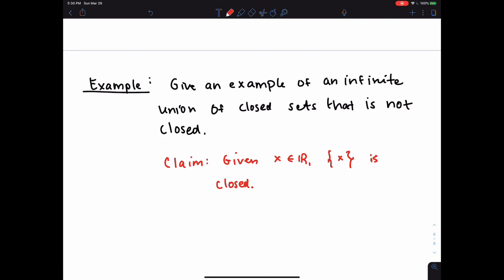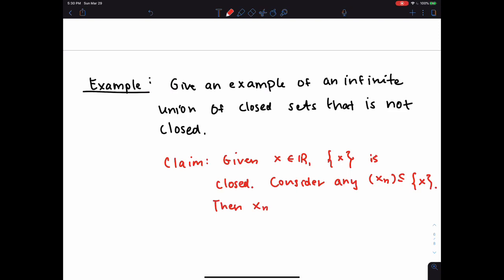Let's think about this. The definition of closed is: given any sequence of points from inside your set, you need to prove that it converges to a value inside the set. So consider any x_n that's contained in my set {x}.